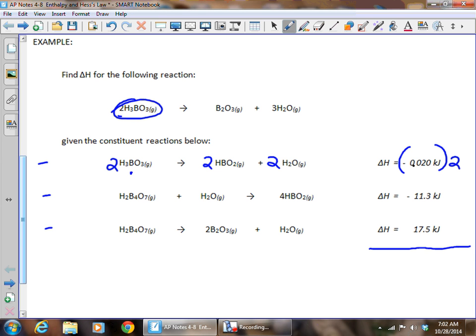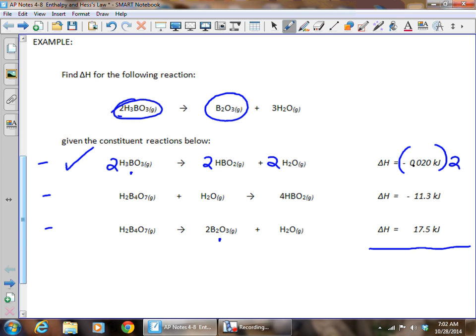We've already said we don't want to do water, so let's look at our next one, B2O3. Where does it occur? Right here. So we've got B2O3 here in this equation. Now in this equation, we've got two B2O3s, but in this equation up here that we want to match, there's only one. Now, we can't change this reaction at all because we've already finished it.